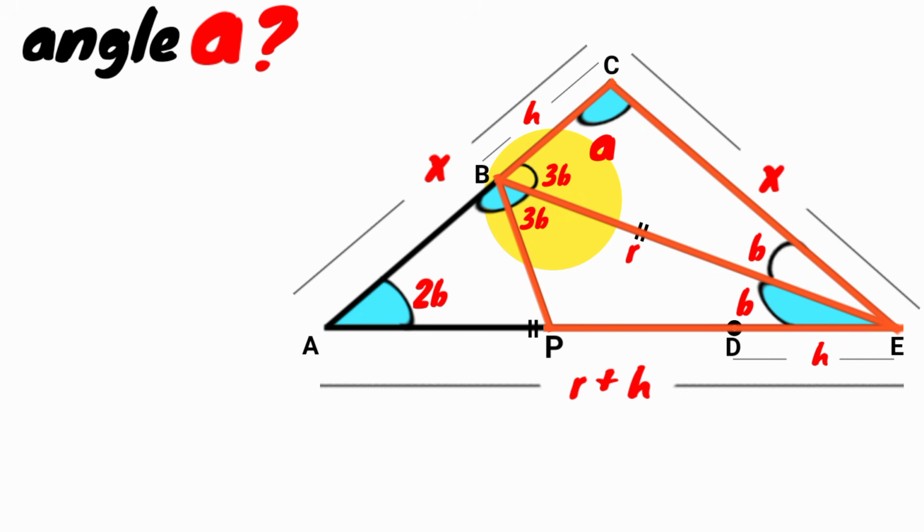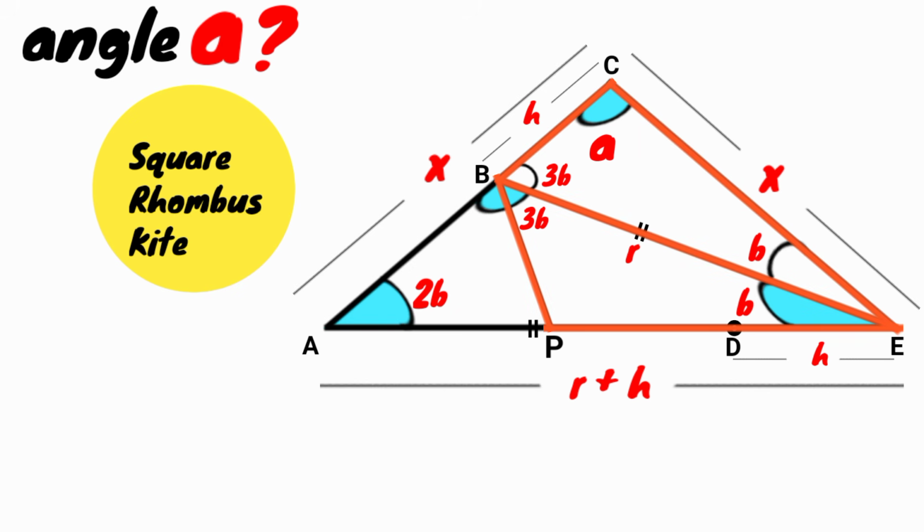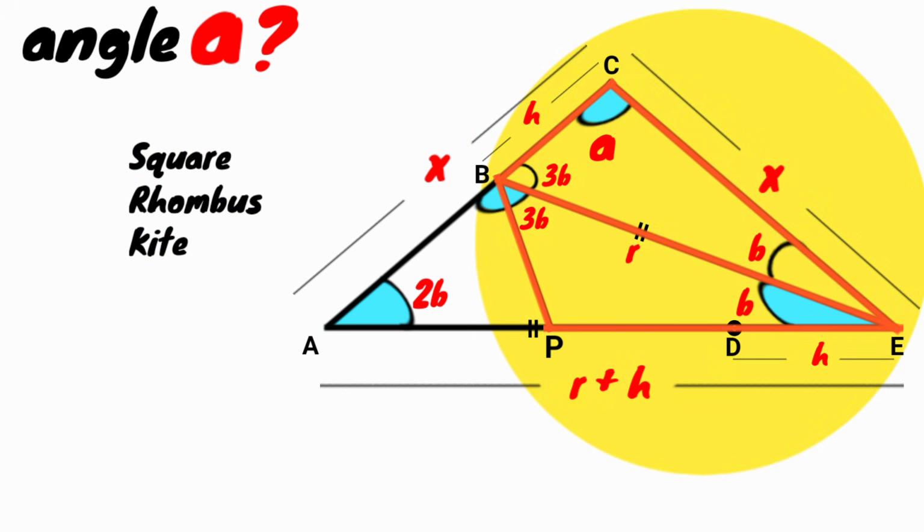The only quadrilaterals that have a diagonal bisecting the angles at the vertices are the square, rhombus, and the kite. However, for a square and a rhombus, all the sides of the quadrilateral must be congruent, which is not the case here.